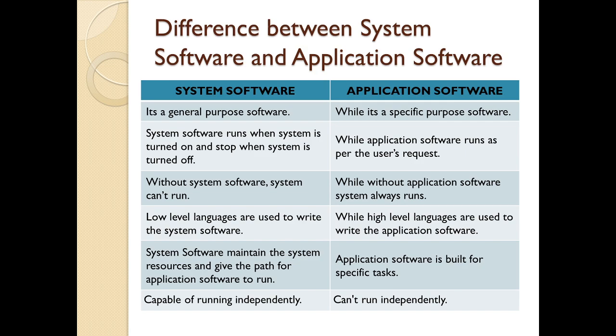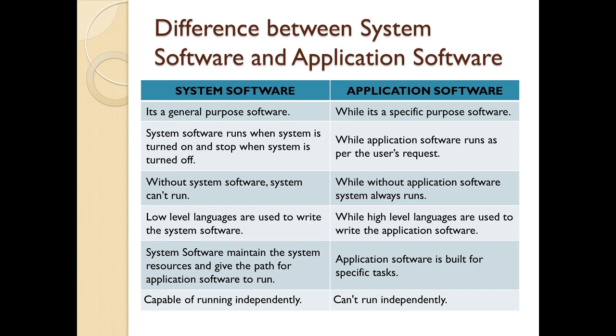So what is the difference between system software and application software? System software is general purpose software, but application software is specific purpose software. System software runs when the system is turned on and stops when the system is turned off. But application software runs as per the user's request. Without system software, the system cannot run, while without application software, the system always runs.